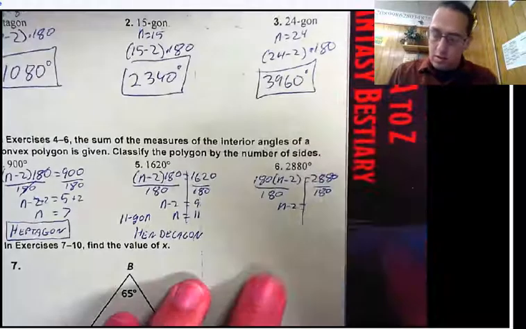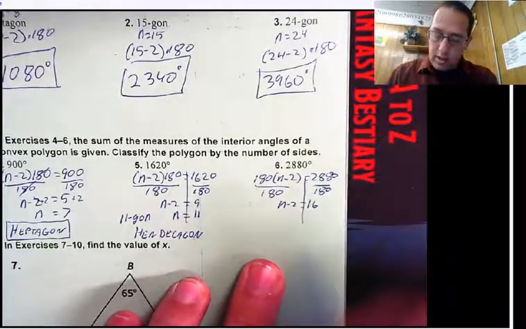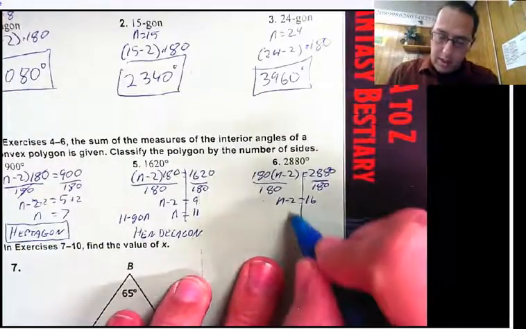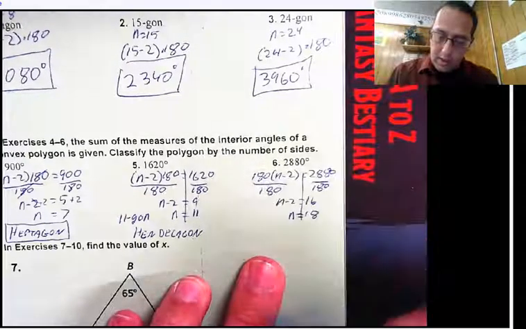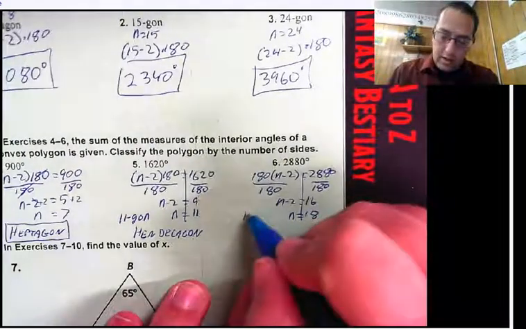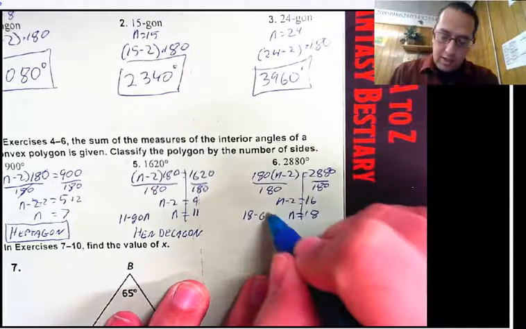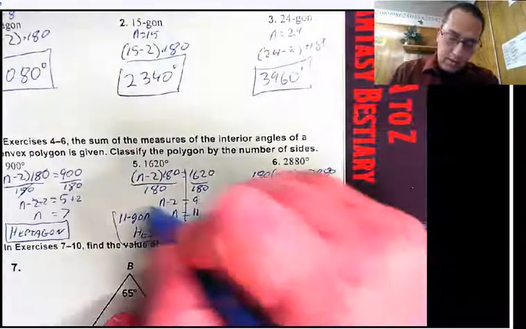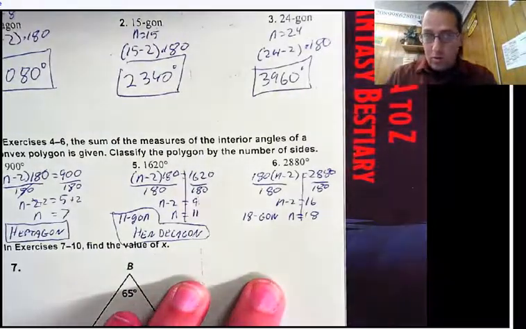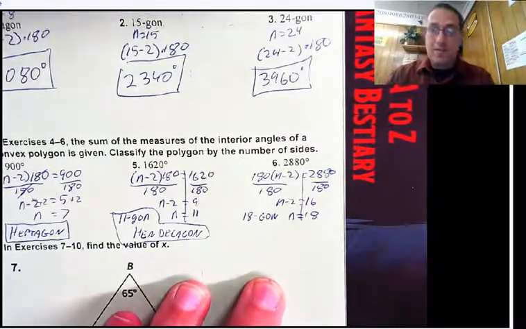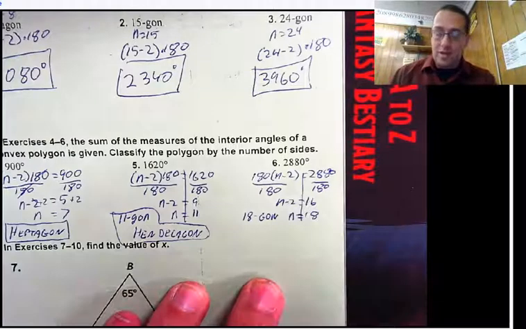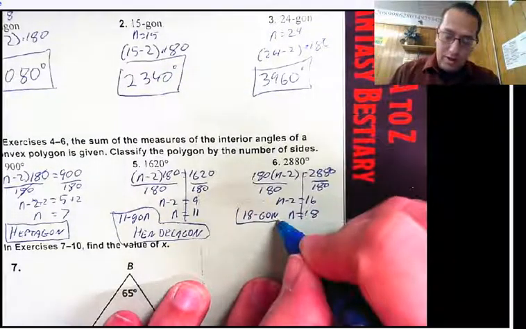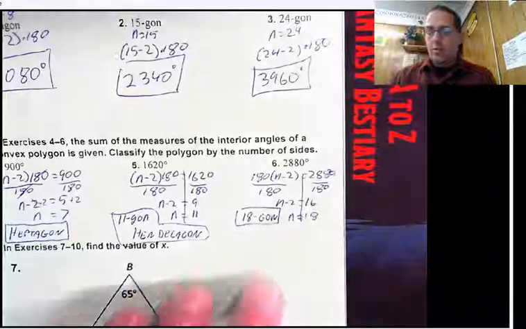All right, so this is going to be pretty big. 16, add 2 to both sides, and n equals 18. So, yeah, 18-gon. That is perfectly fine for this. Or, if you really want to be impressive, this is an octadecagon. Or just 18-gon will be fine.